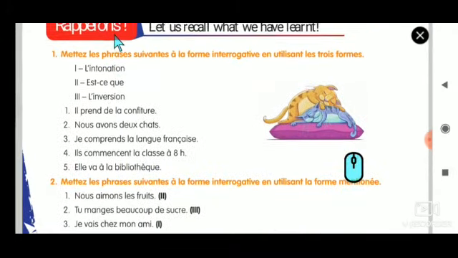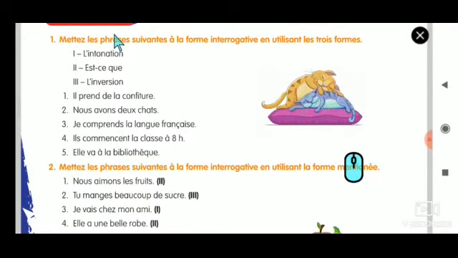This is exercise number 1. We are going to revise this now. We are just going to identify intonation, est-ce que and inversion. Let's start. Mettez les phrases suivantes à la forme interrogative en utilisant les trois formes. They are asking us to make this sentence a question by using all three forms.